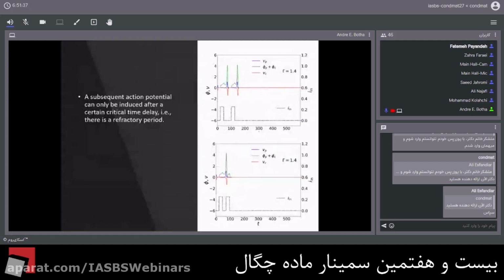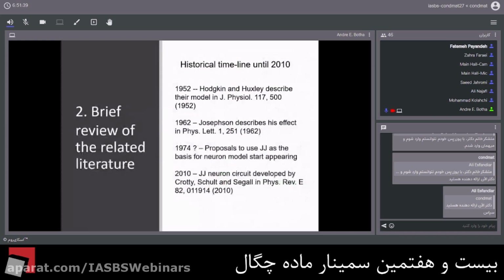Briefly now, I come to the related literature. Before I do that, I would just like to give a historical timeline of how things roughly developed. In 1952, Hodgkin and Huxley described their model of the neuron in a very famous paper. 1962, as I mentioned, was when Josephson described his effect for the first time.